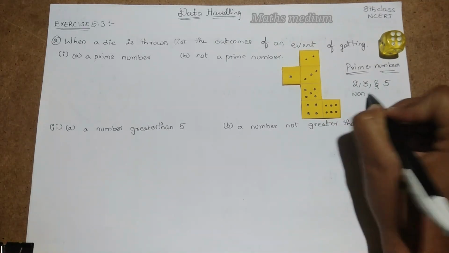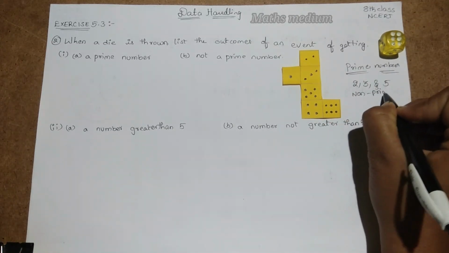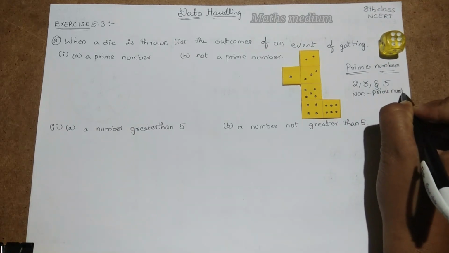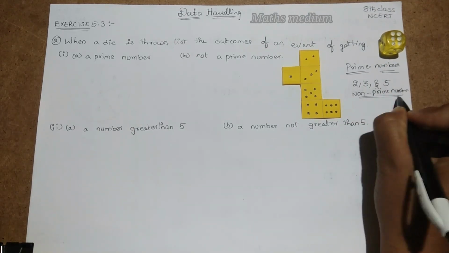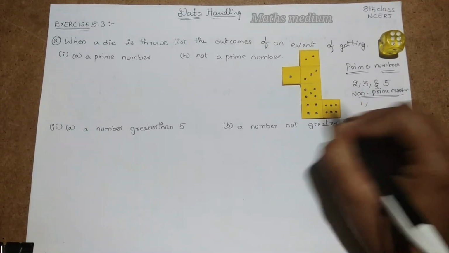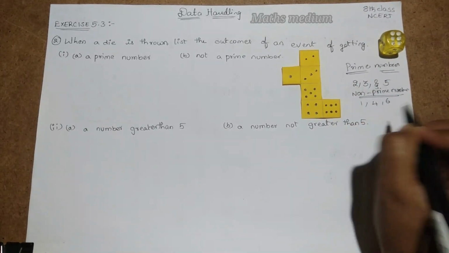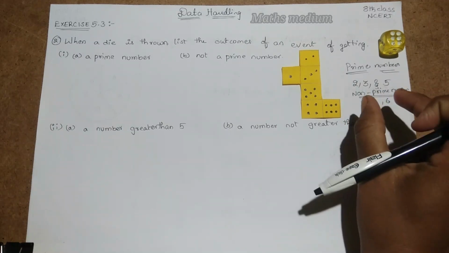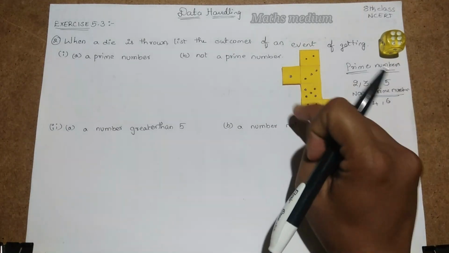Non-prime numbers are the remaining: 1, 4 and 6. These are the events of getting in this die.